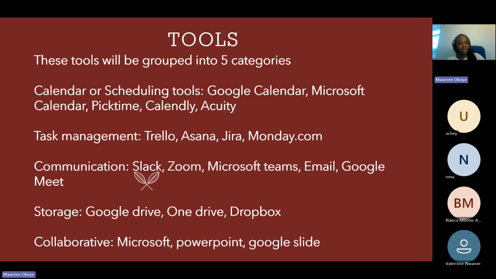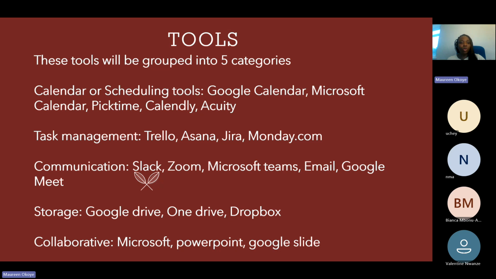Then task management. You should be able to know how to use task management tools like Trello, Asana, Jira, or Monday.com. There are some clients that prefer certain task management tools. When you come to work for them, they'll say, I'm using Jira, or I'm using Asana or Monday.com. Personally, I use Trello.